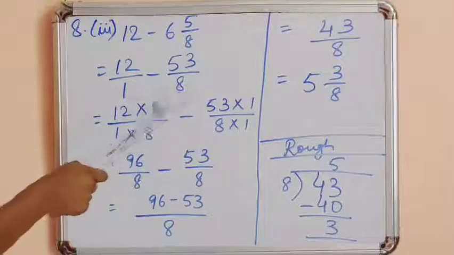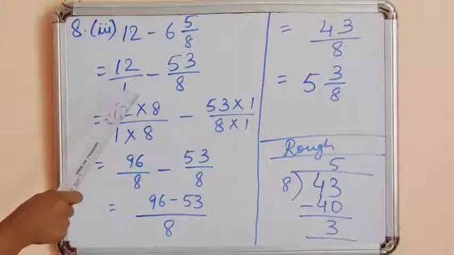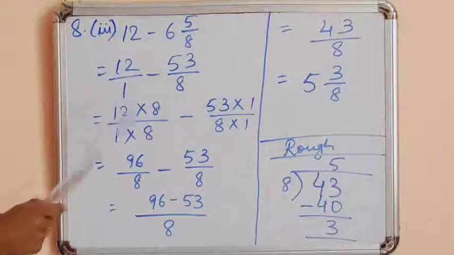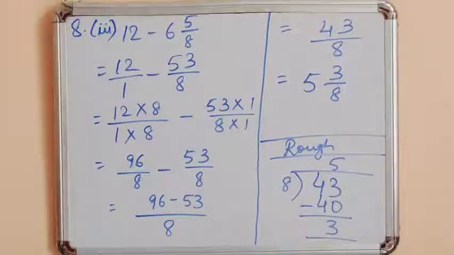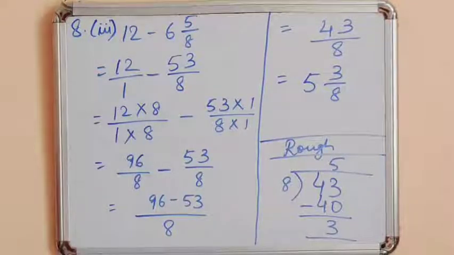Now you can see both the denominators are different. The denominators are 1 and 8. So we have to calculate the LCM of 1 and 8. We will get 8. So we have to make this denominator 8. This is already 8. So in order to make 1 as 8, we have to multiply 1 by 8. So we are going to multiply here by 8, and in the numerator also we are going to multiply it with 8.